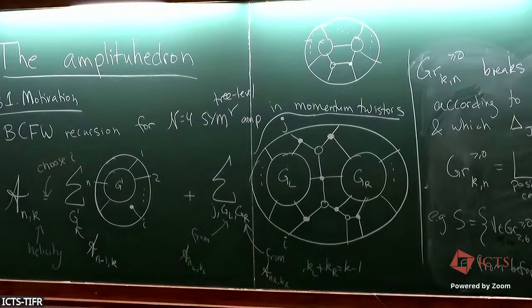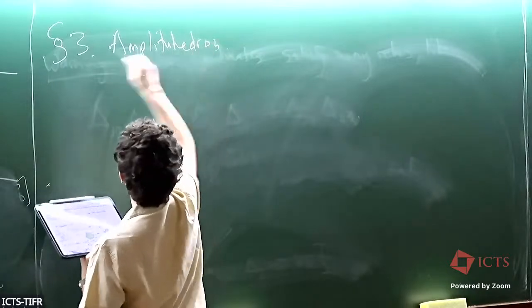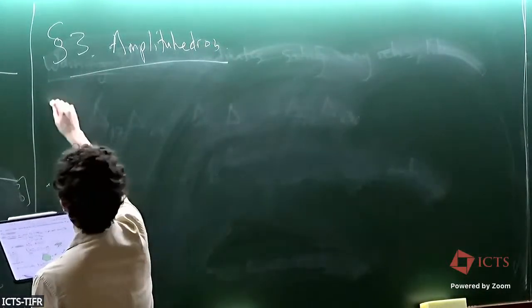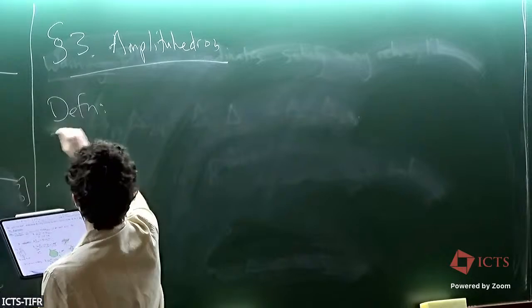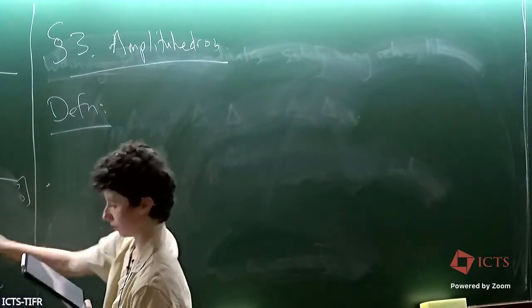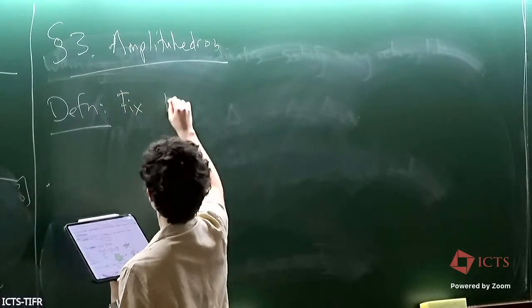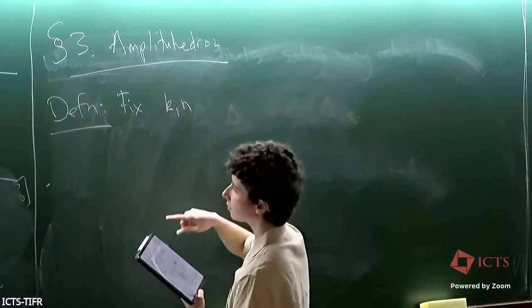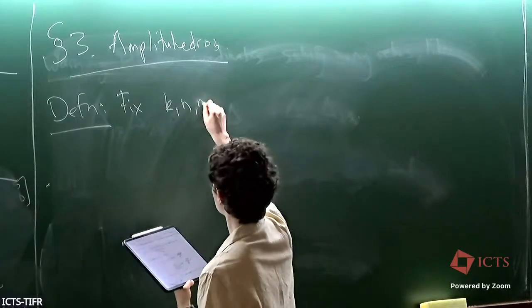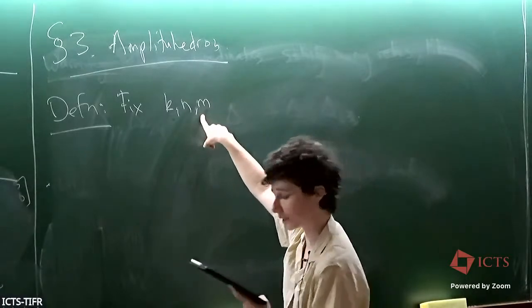Okay, so the Amplituhedron. To define it, this is going to be the squished Grassmannian. I'm going to fix my k and n. I'm also going to fix an additional parameter m, which is always 4 in the physics situations.